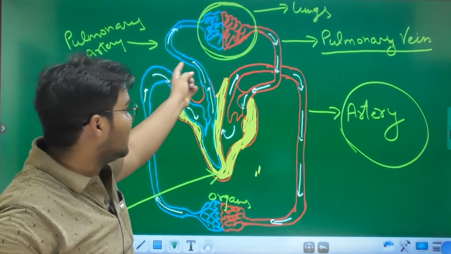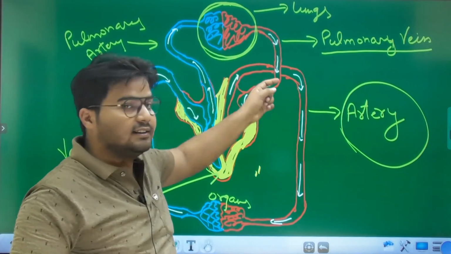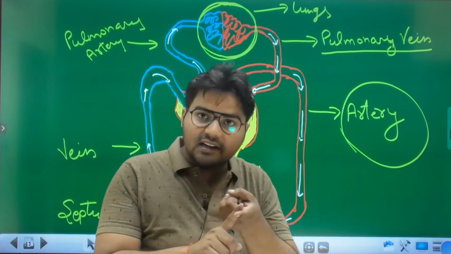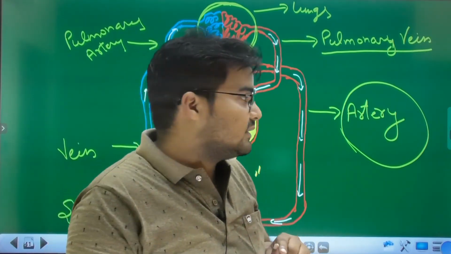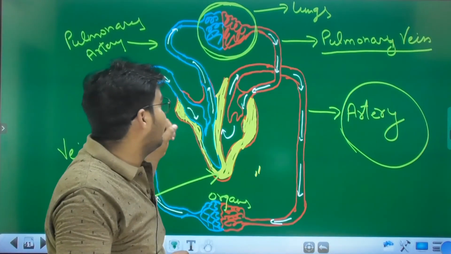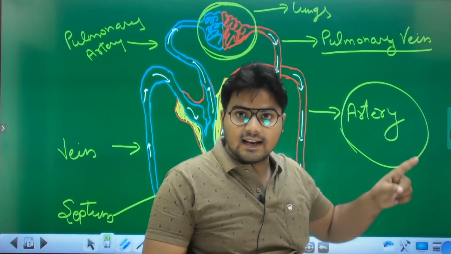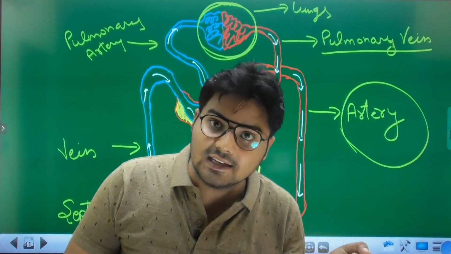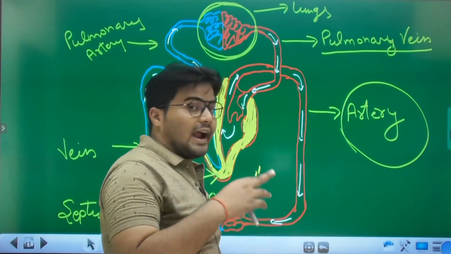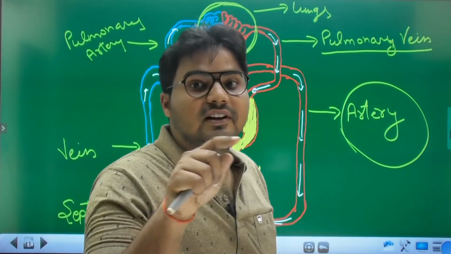But in the case of pulmonary artery and pulmonary vein, there is a small difference, and that difference can be asked during exam. So make sure of the difference between pulmonary vein and pulmonary artery. So pulmonary vein carries oxygenated blood from lungs to the heart.